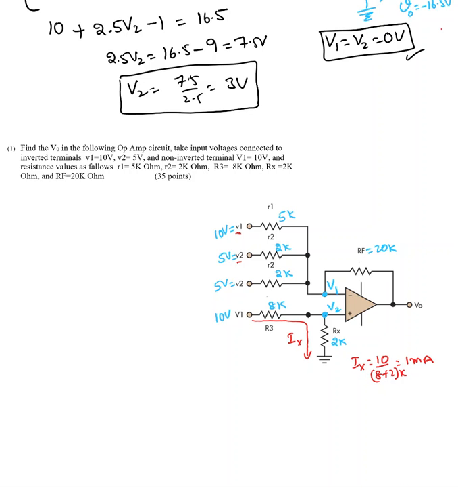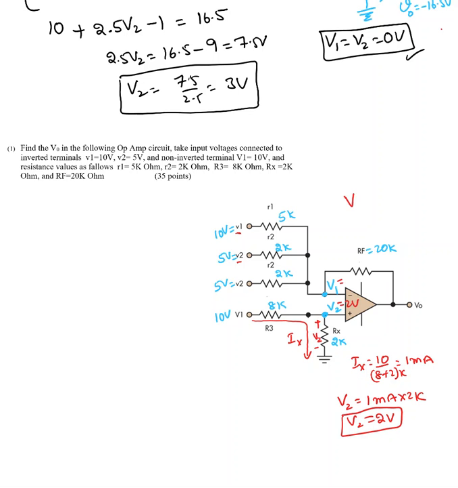So 1 milliampere current is passing through this. So V2 equal to 1 milliampere times 2 kilo ohms, because the voltage here must be V2. That value is 2 volts. Okay, that is the important point. So I found V2 equal to 2 volt.